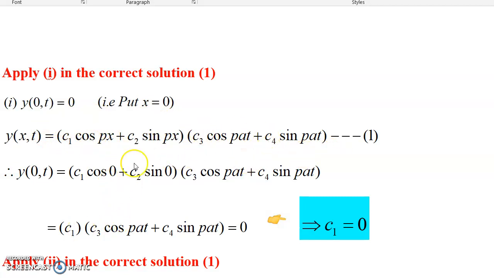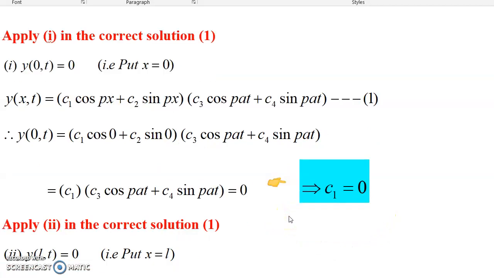We are not touching that because t is t only; only x we are making 0. So the answer of the first term is c1 and the second term we just write as such. The condition says this is equal to 0, and we should not equate any term having a variable, because t is the variable here. So this equal to 0 will imply the constant term c1 = 0. This is the first result we get, c1 = 0.